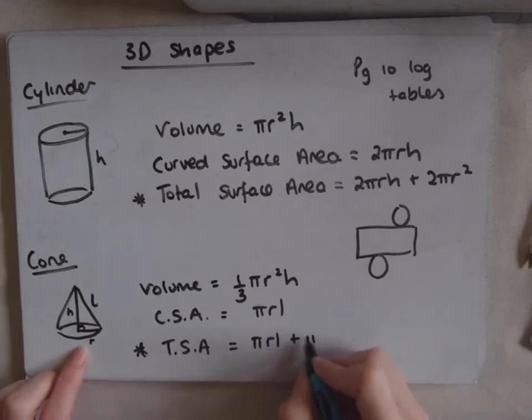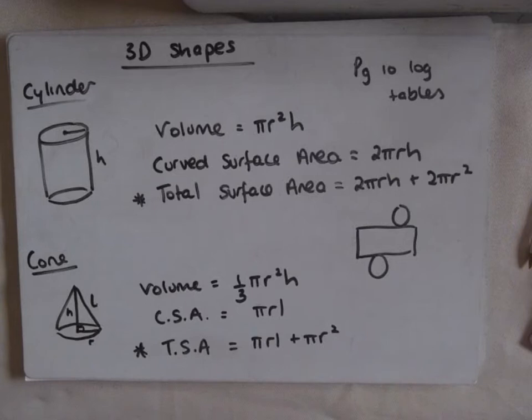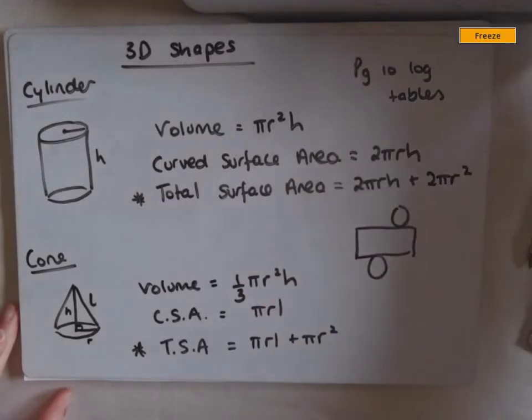In this case it's just one circle, pi r squared, the flat part on the bottom. Okay, you're still writing. Okay, I'll give you 1 sec.